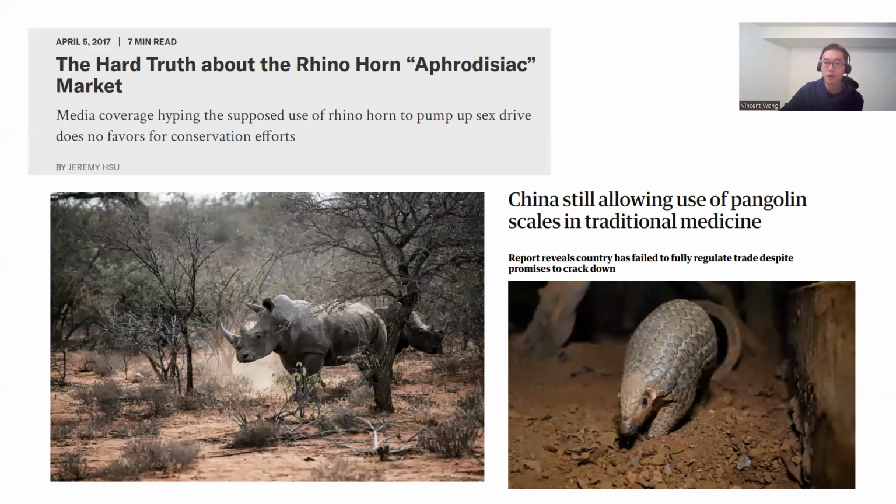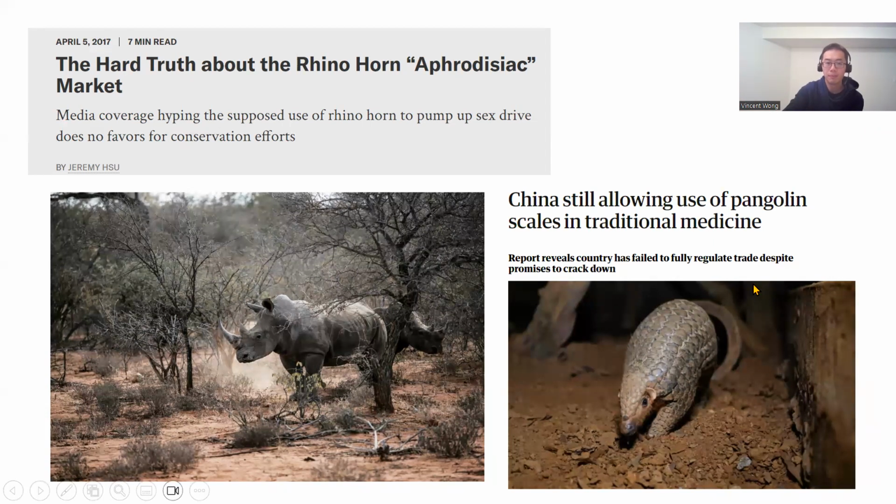And same thing for the pangolin, right? Some Chinese herbal medicine believes that the scale has potent medicinal value for treating things like asthma. So these animals are either endangered or on the verge of being extinct because so many people are hunting them down for these purposes.